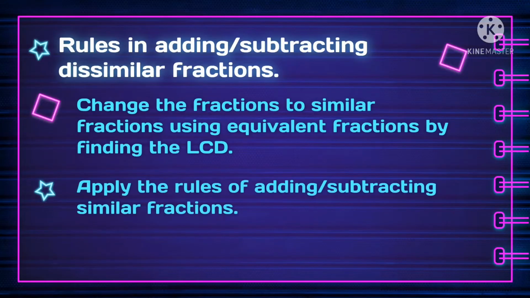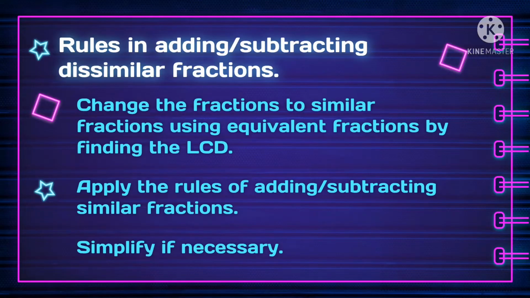Then, we may now apply the rules of adding or subtracting similar fractions kasi similar na sila, 'di ba? So ang goal muna natin is gawin silang similar. Then yung third, lagi naman kapag kailangang i-simplify natin.